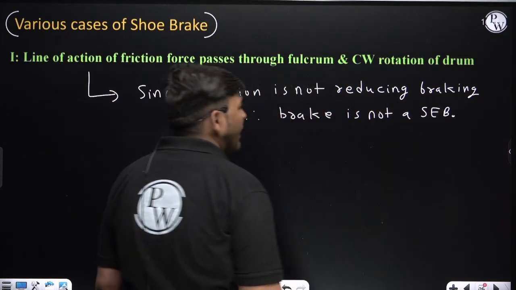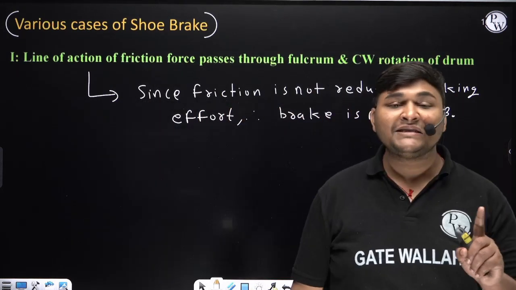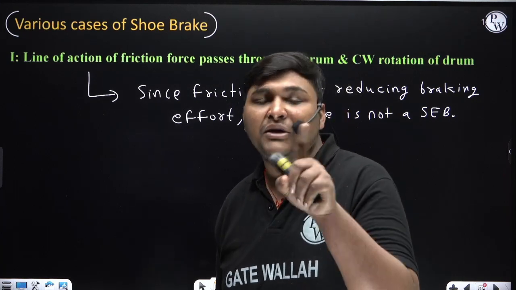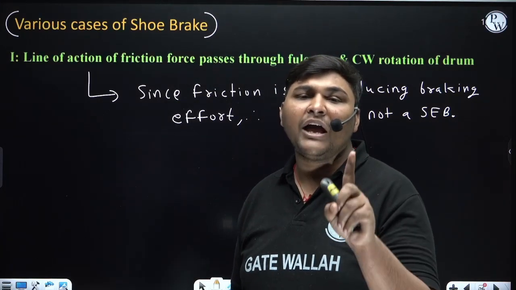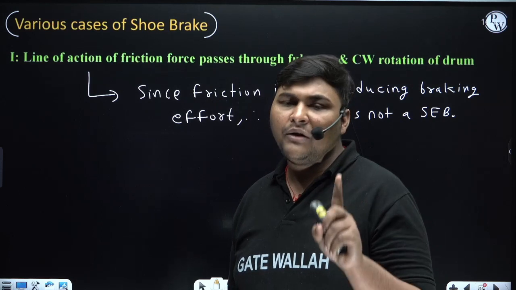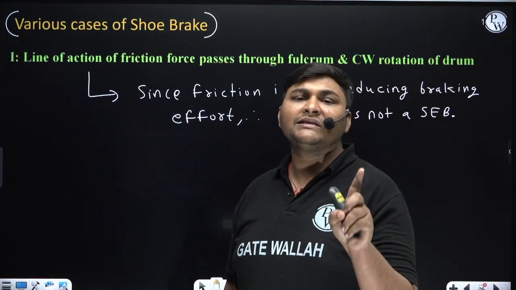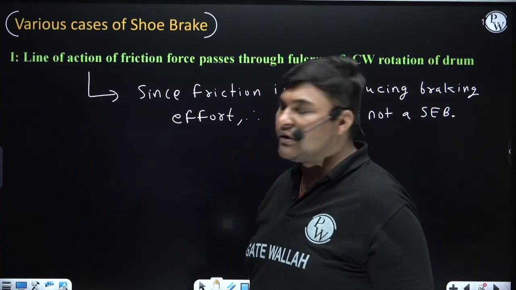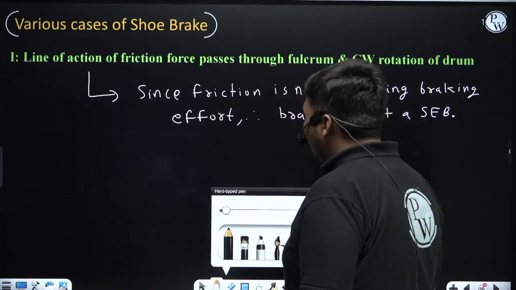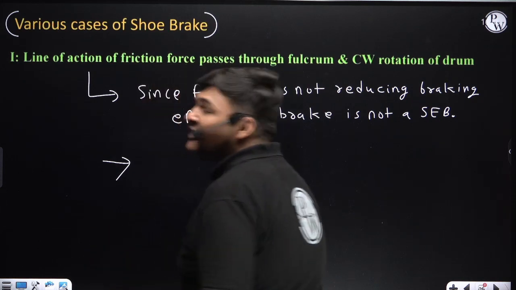Okay, now in short I will always write self-energizing brake as SEB, and for self-locking condition I will use SLC. So whenever I am writing SEB, it means self-energizing brake, and whenever I am writing SLC, it means self-locking condition. Okay, now can this brake go into self-locking condition?